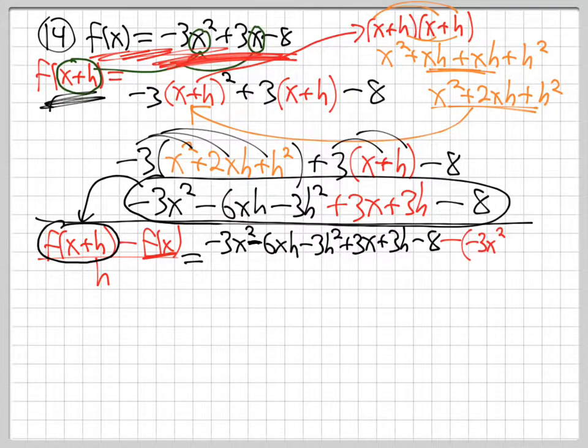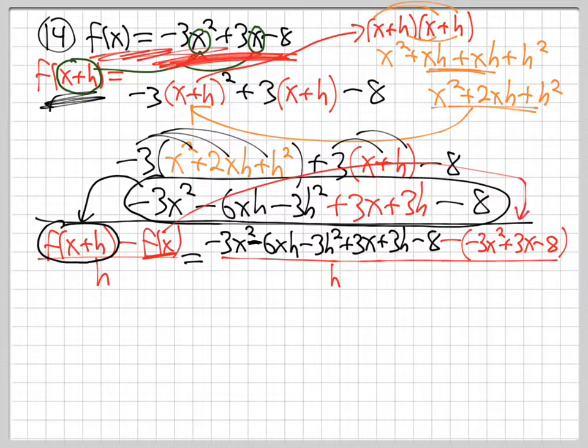Minus 3x squared plus 3x minus 8. Thank you. All over h. Does everybody see that? So this back here, that's f of x, isn't it? Right? Just taking f of x from the first line up there.